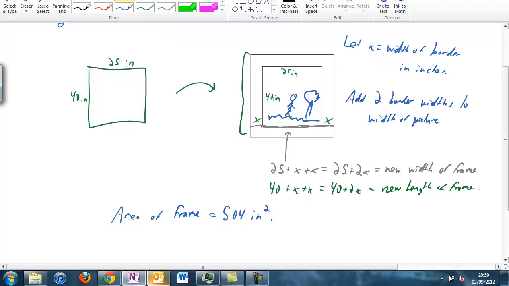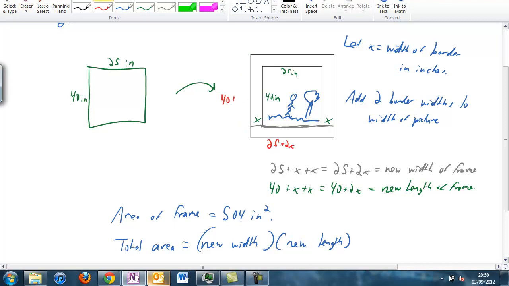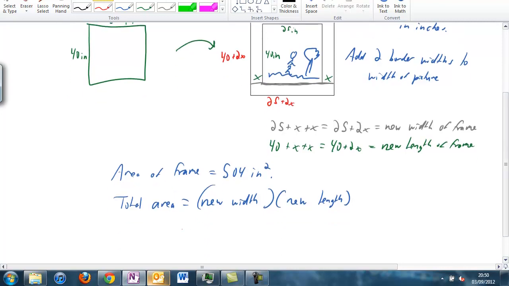This is now a little more complicated because we know the total area of the entire thing would be equal to the new width times the new length, or 25 plus 2x times 40 plus 2x.